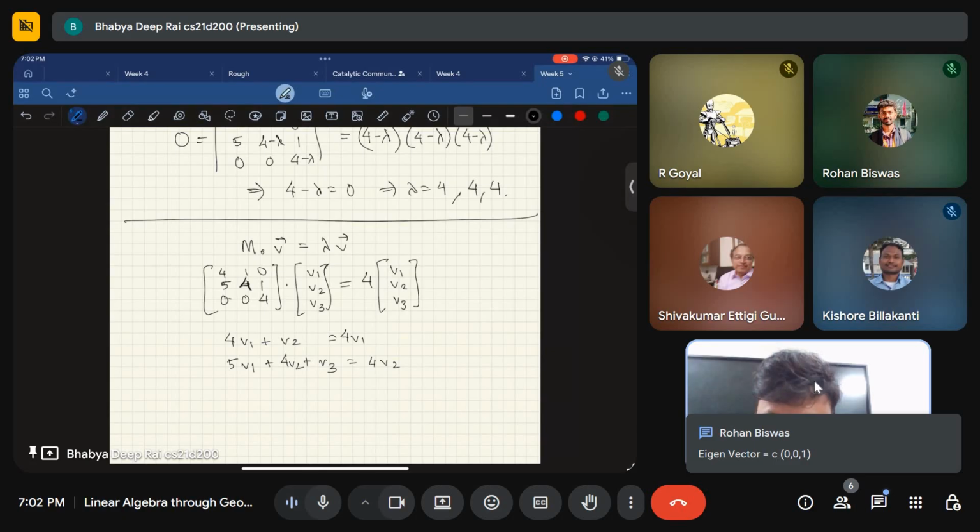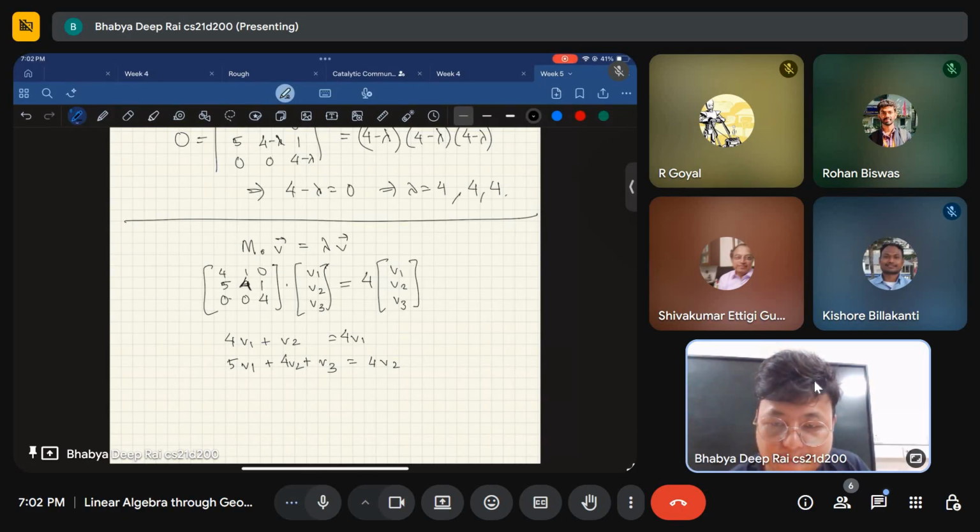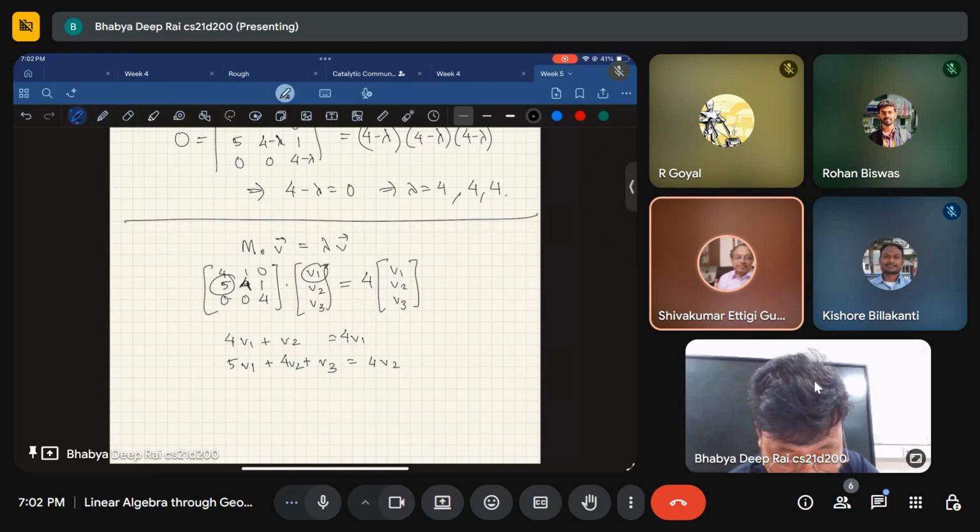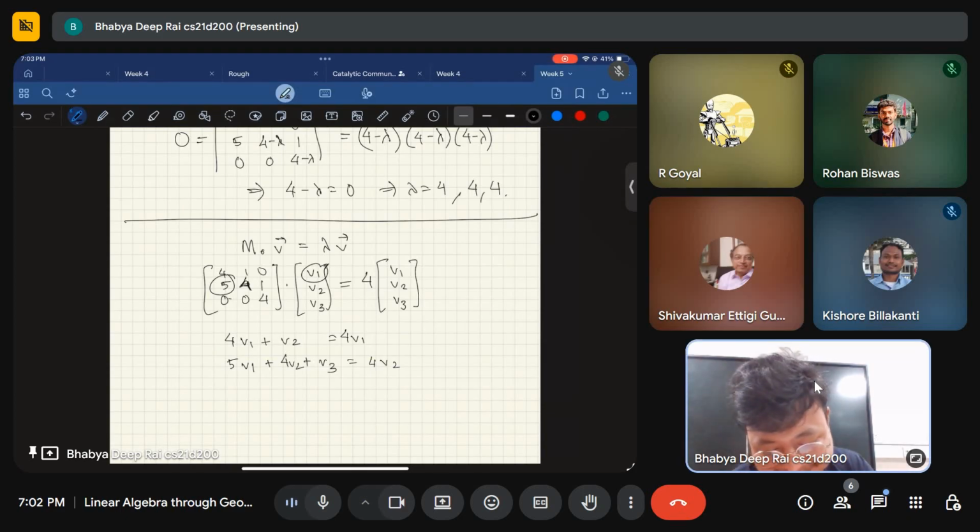This 5 is multiplied with 0. M21 is 0, no? Oh, sorry. Yes, is there a 0 there?